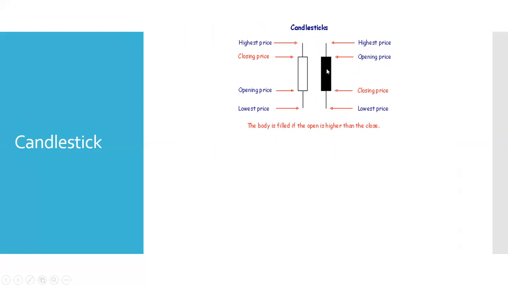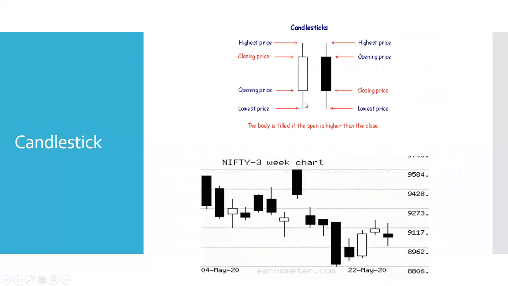You can shade the candle, or in the market we usually use a red candle for showing a decline in price during the day, and a green candle for showing an increase in price during the day. From this candle, a stick passes. This stick is the high-low bar. That means it depicts the highest and lowest price for the day, right?